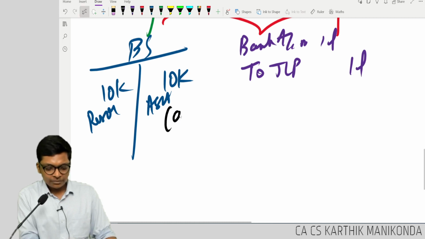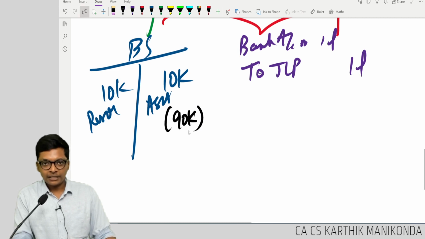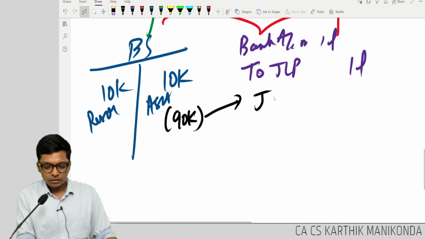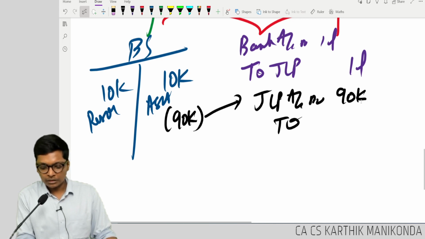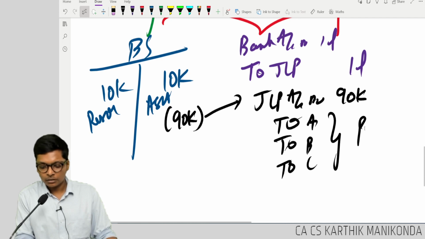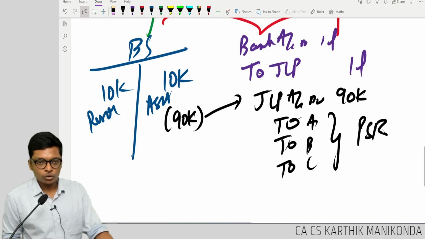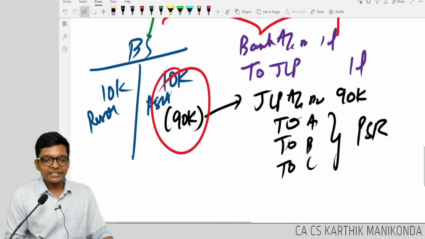This again becomes negative 90. Take this negative 90. JLP account debit 90,000 to A, B, C in profit sharing ratio. So asset side became 0.